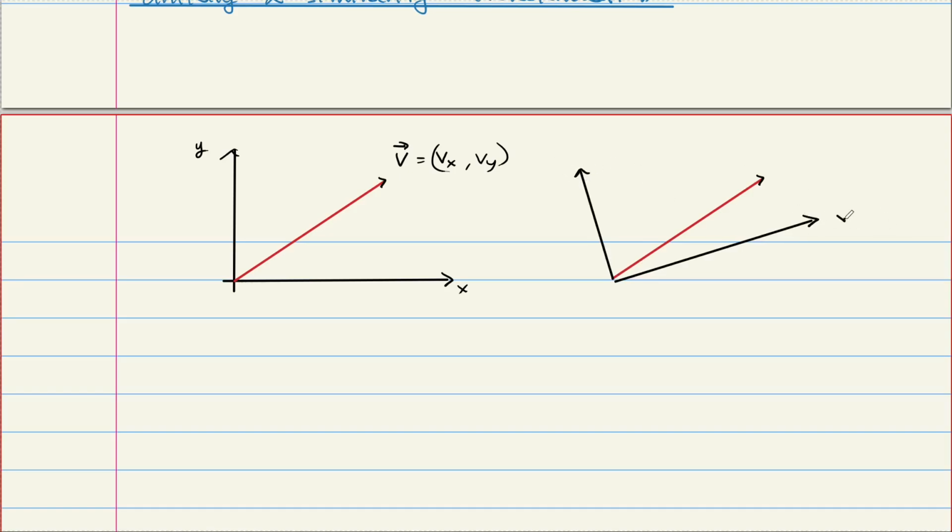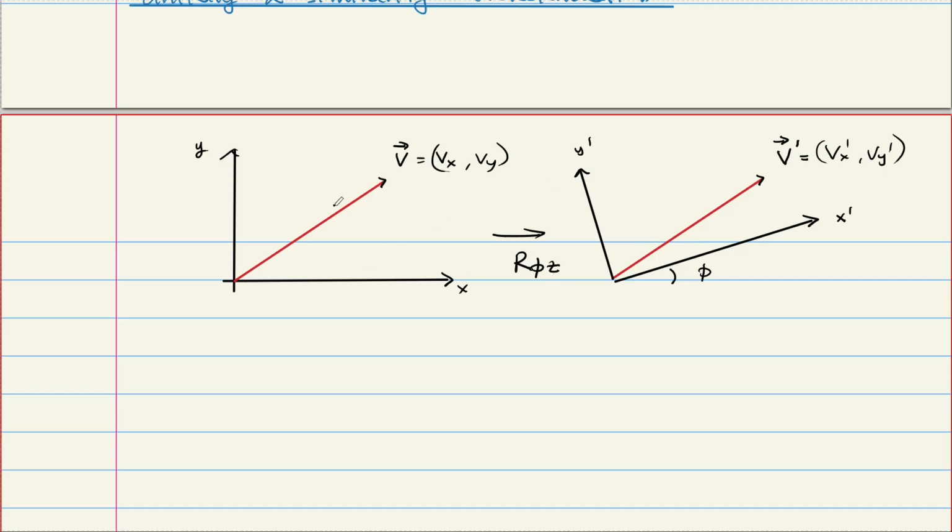So this is x prime, this is y prime, and this vector v, even though it is exactly the same vector, has different components. That's why I put a prime here, vx prime and vy prime. This is a rotation by phi around the z-axis.